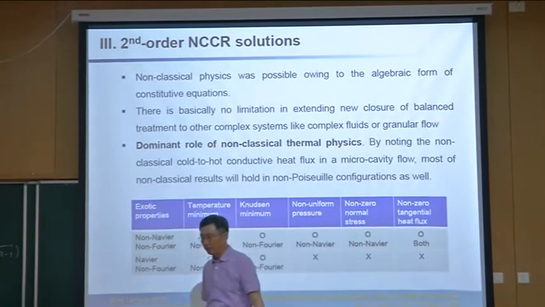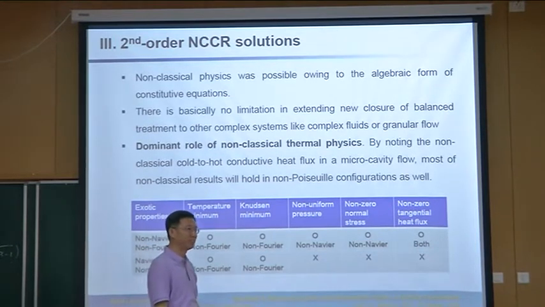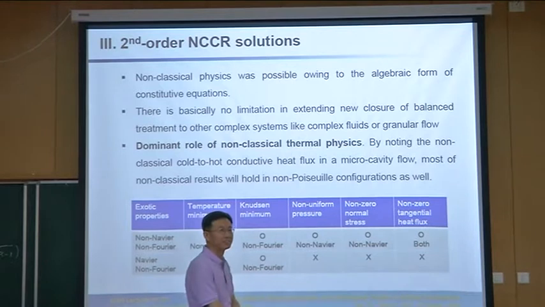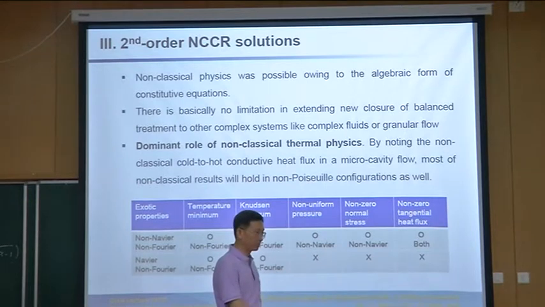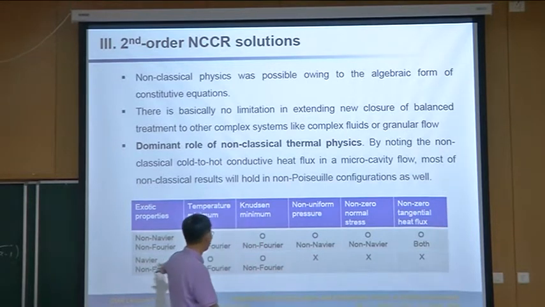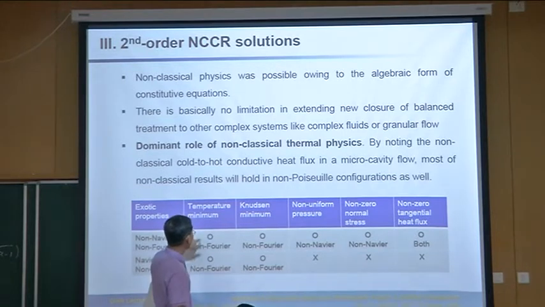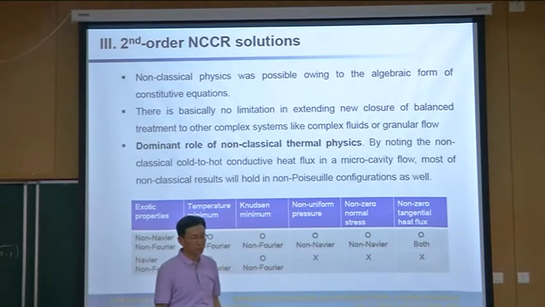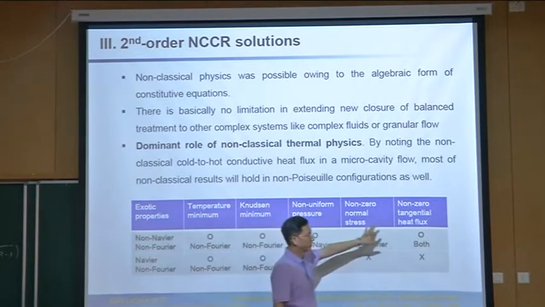So one might say the most complicated one is non-zero tangential heat flux. If you correctly predict non-zero tangential heat flux, then your model is okay. But if you're just happy with the temperature minimum, it's not a complete story. Even a right prediction of a temperature minimum, it cannot predict the rest.